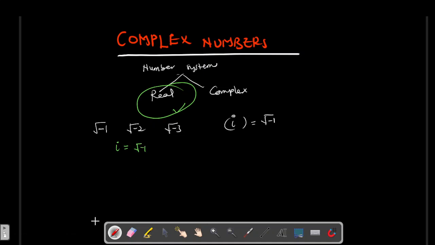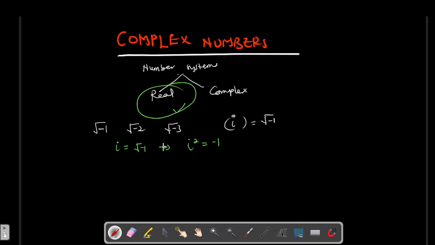Because of that, we can perform a simple mathematics here that i squared will be equal to -1. Okay, so whenever you see i squared is -1, whenever you see i is square root of -1, we'll perform some basic calculations on this very soon. But before then, let's analyze complex numbers well.